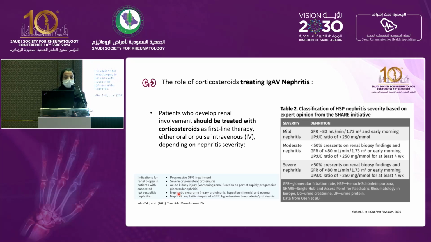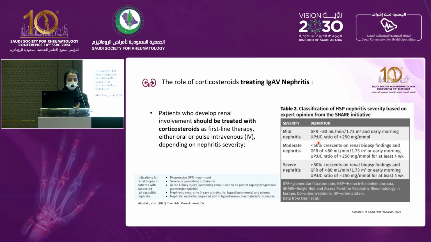So patients who develop renal involvement should be treated with steroid as a first line, either oral or pulse steroid, depending on the severity of the IgA vasculitis. The SHARE initiative divided the HSP nephritis into 3 classifications: mild, moderate, and severe. For the mild HSP, you have a normal GFR with moderate proteinuria.